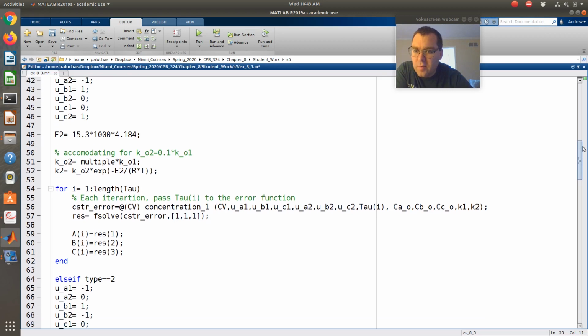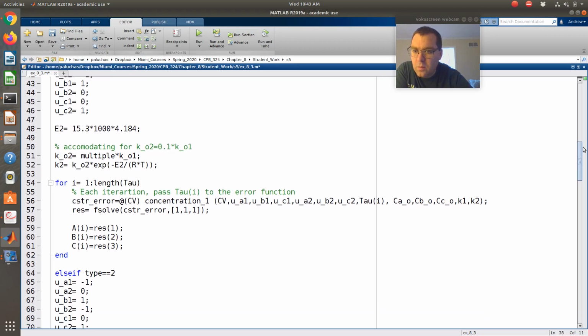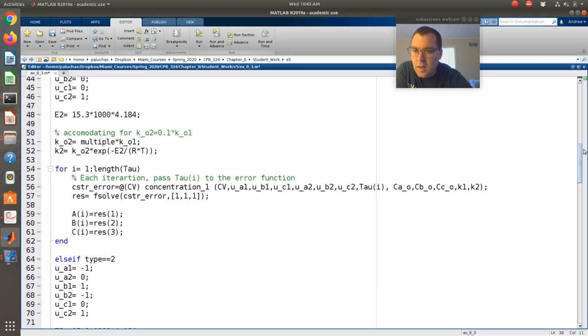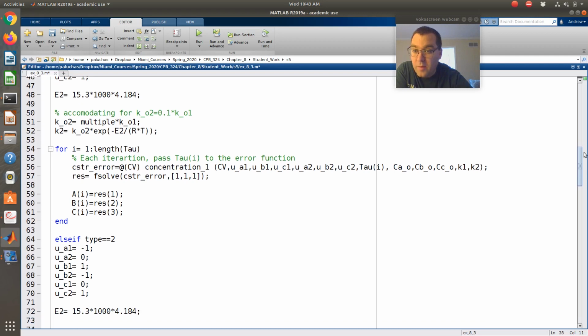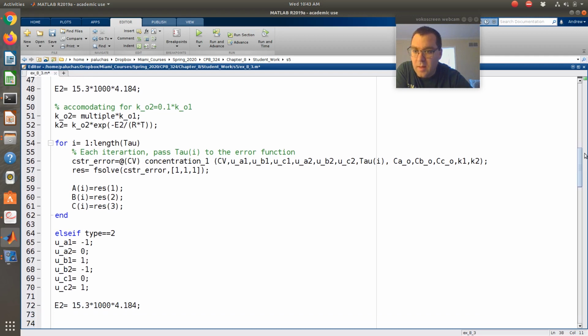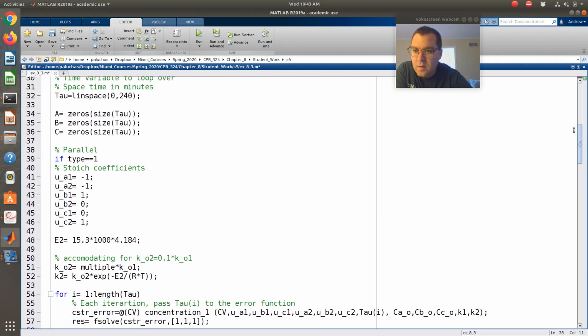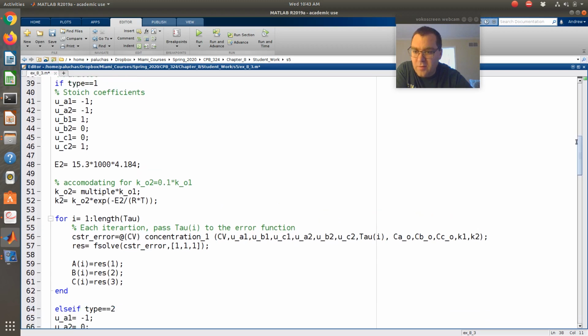Activation energy for reaction 2. Then K naught 2 is a multiple of K naught 1, and then you compute the rate constant for that case.